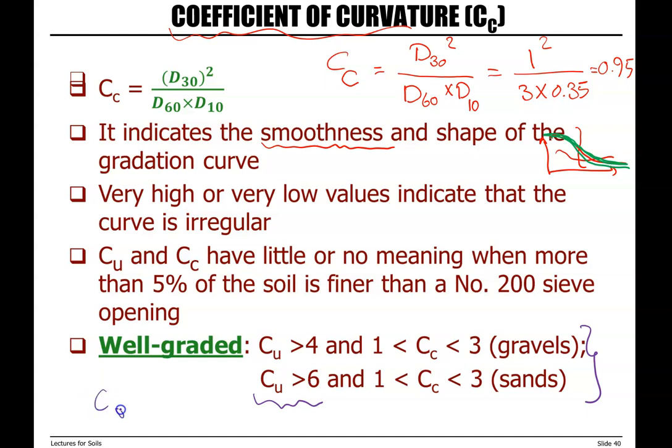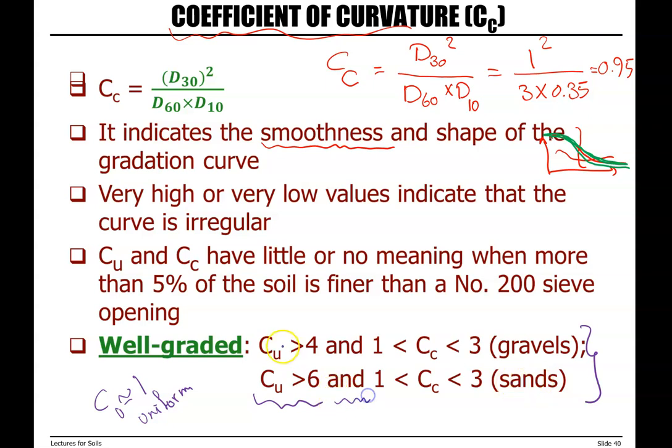If you remember, Cu close to 1 means that we have a uniform sample, which is not suitable for construction application. We want a sample where we have a wide range of particle sizes. So a Cu higher than 4 for gravel and a Cu higher than 6 for sand.